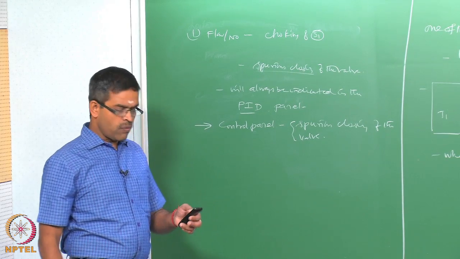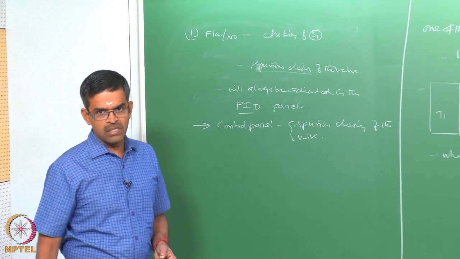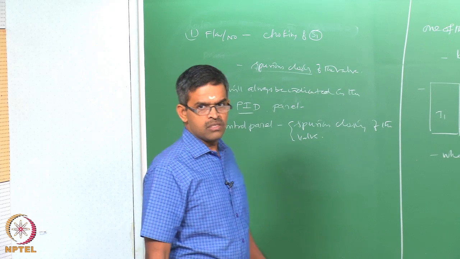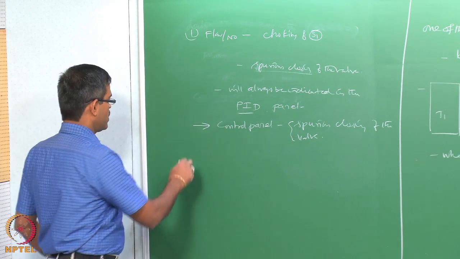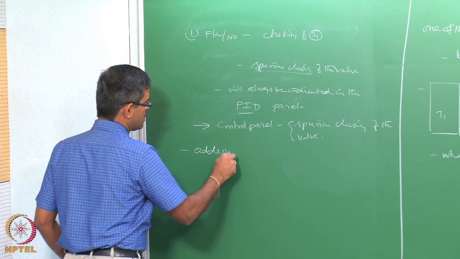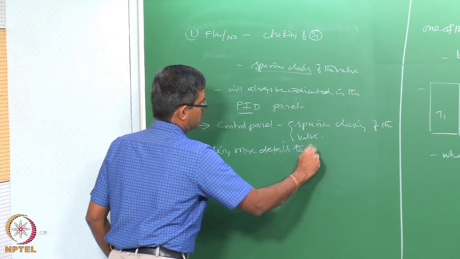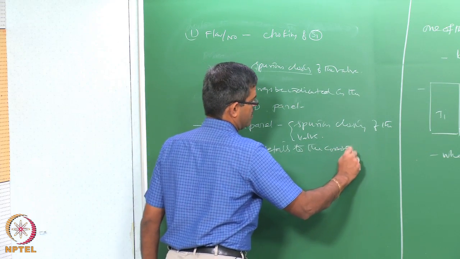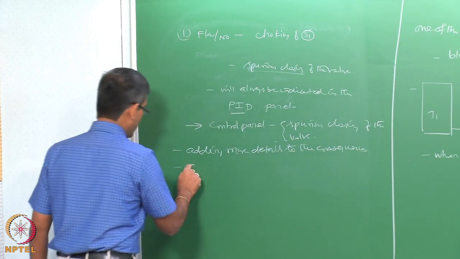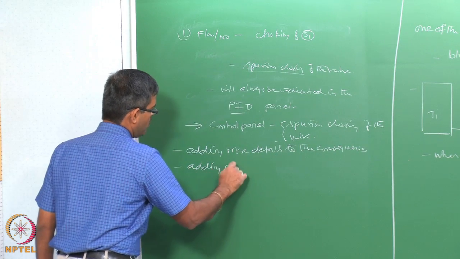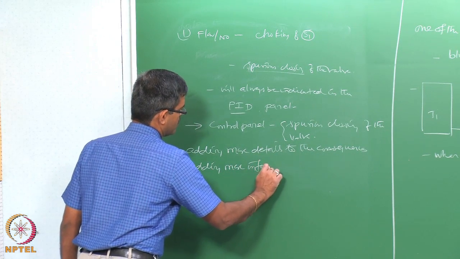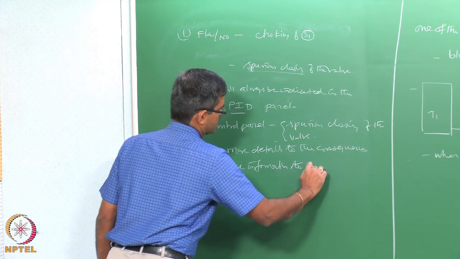So, you cannot say this is one of the important indication as a recommendation in a report. You must always account for additional safeguard in the given system. So, in this situation, one may think of adding more details to the consequences, adding more information to the causes.